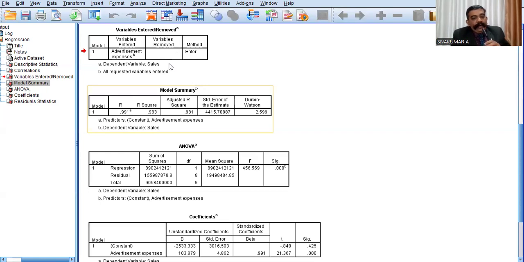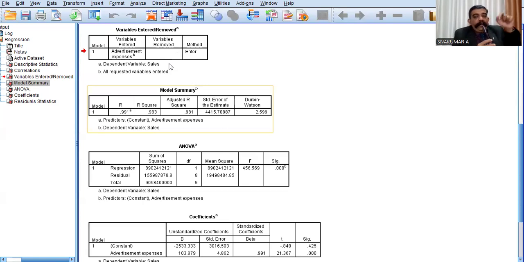In the second table, ANOVA, please understand the Sig value. That is known as the P value. The P value is 0.000, which is less than the level of significance 0.05. It explains whether the regression model is significant or not.